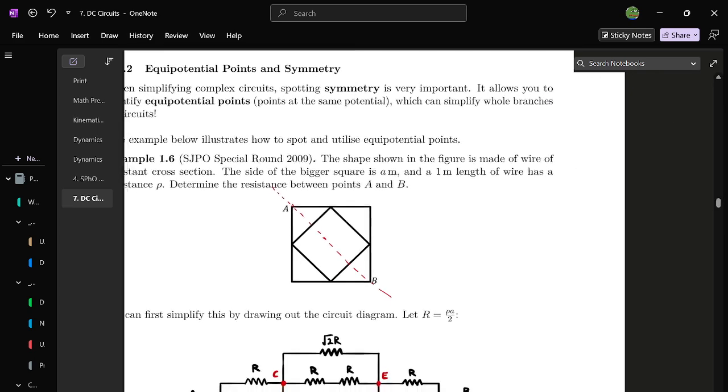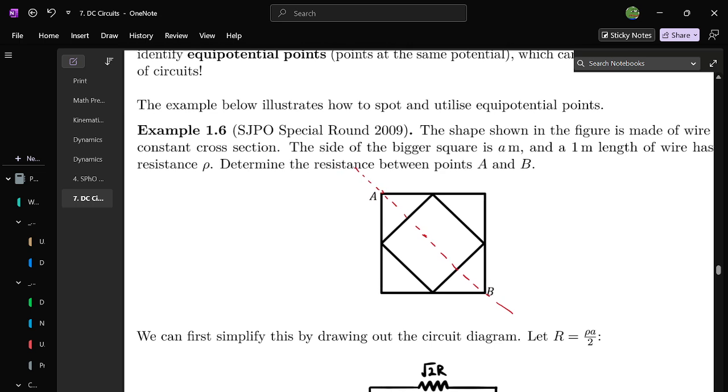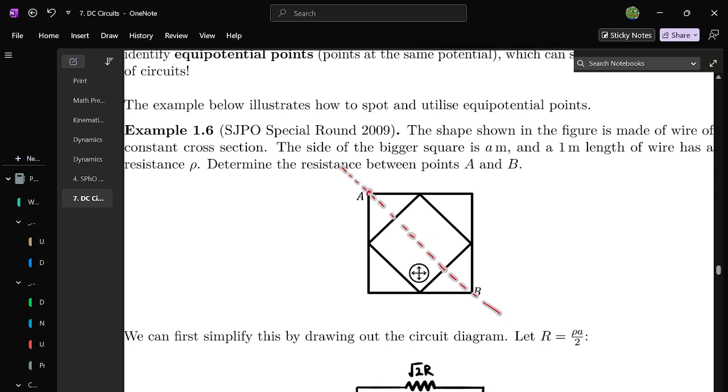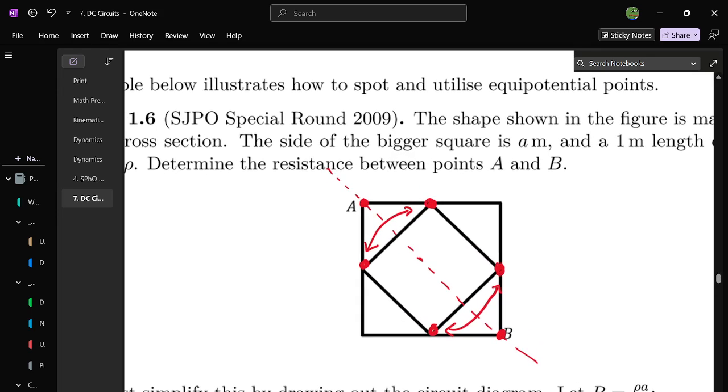Because it's symmetric here, you realize that this point maps to this point, and this point also maps to this point under the symmetry. Because it's so symmetric, you can ask yourself a question.